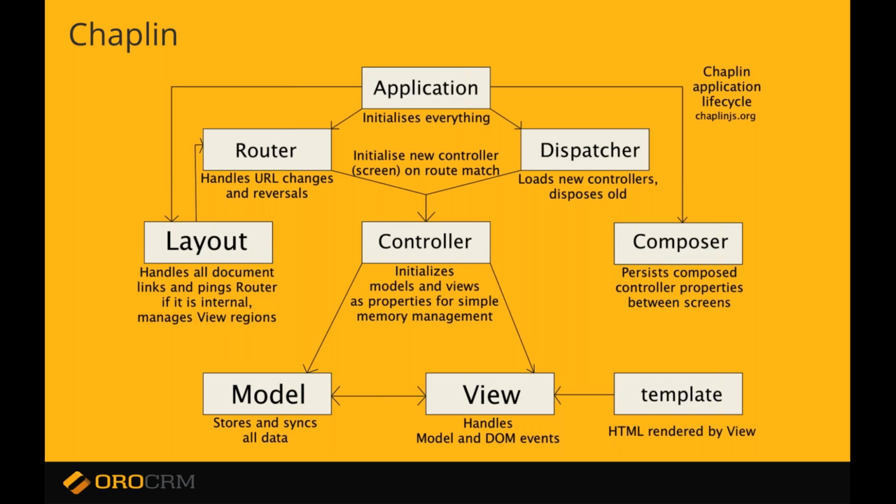And once the router matches the current URL to some route pattern and returns the active action, the dispatcher handles this event, and on the basis of the action point, it will load a new controller and dispose the old one, pass the action to the controller, and invoke the controller action.